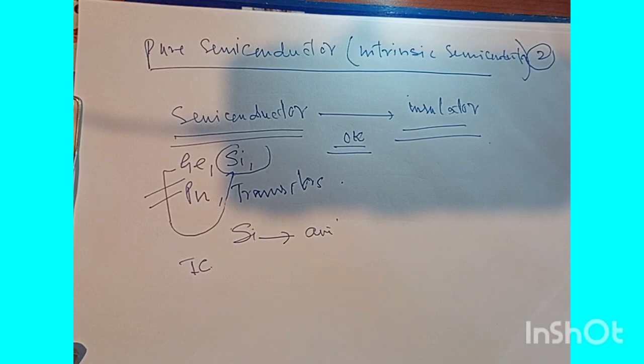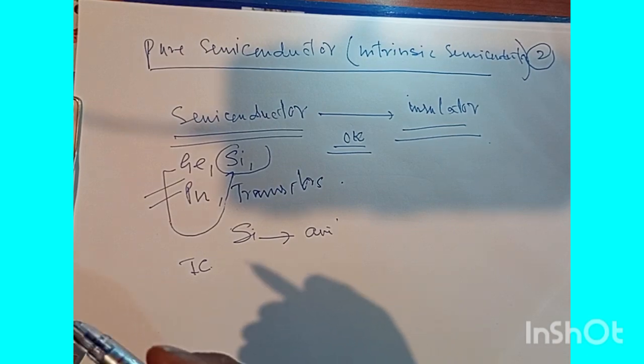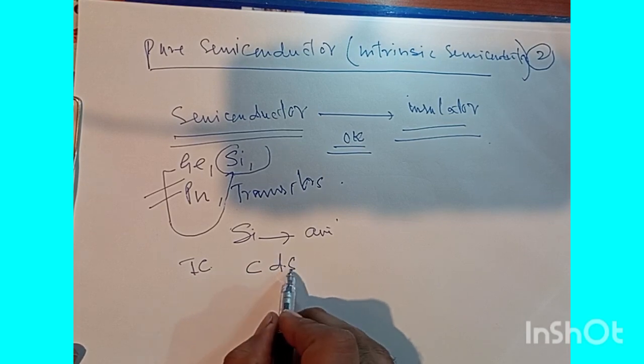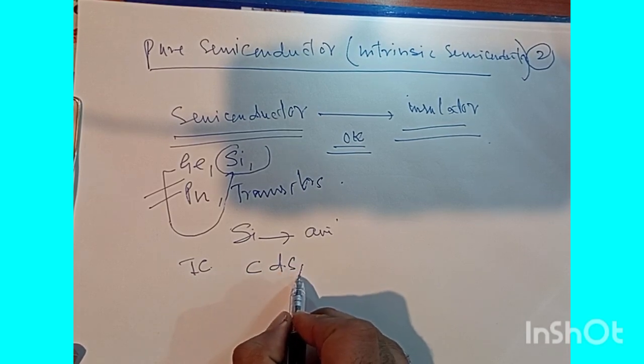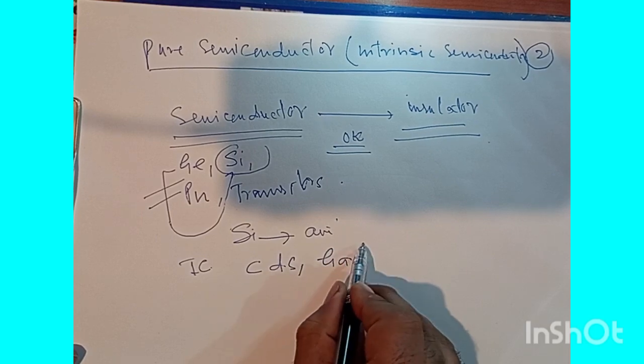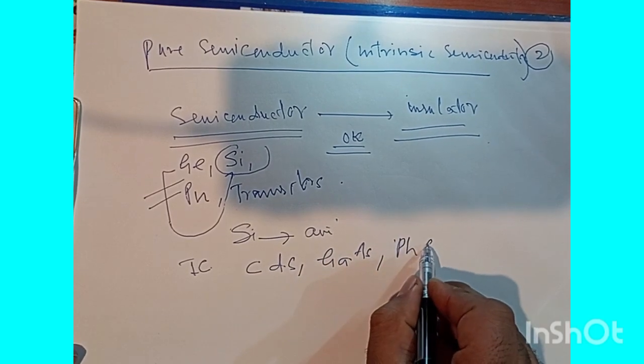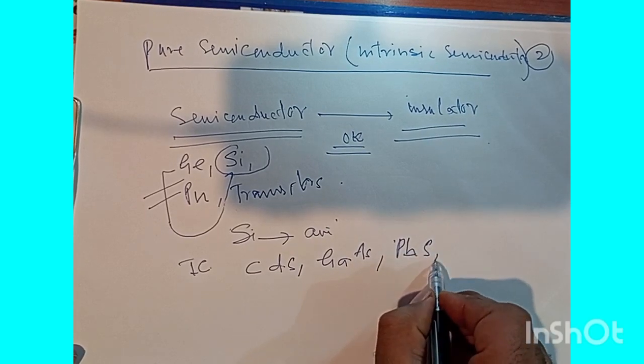In addition to the elemental semiconductors, some compound semiconductors are used, like CdS, cadmium sulfide, gallium arsenide, lead sulfide, and so on.